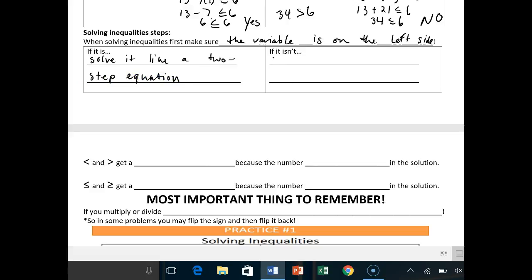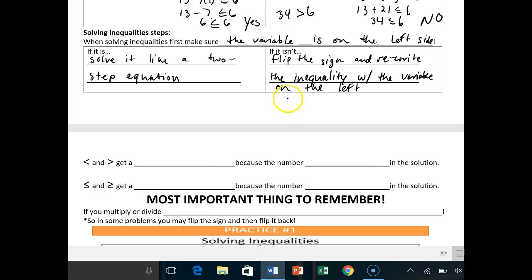If it isn't, flip the sign and rewrite the inequality with the variable on the left. So if the variable is already on the left, you can wipe your brow, all good to go. If the variable's on the right-hand side, then we got to do some work. You got to flip the sign and rewrite it.